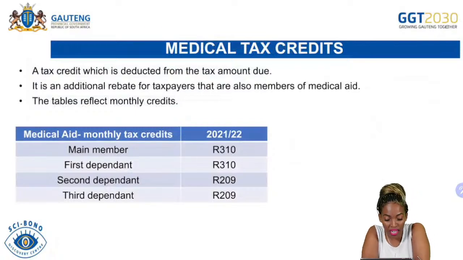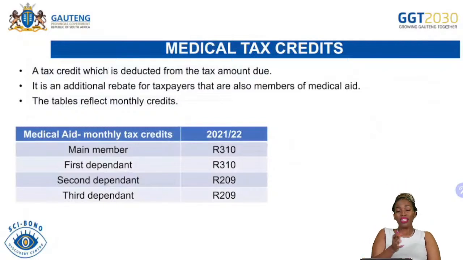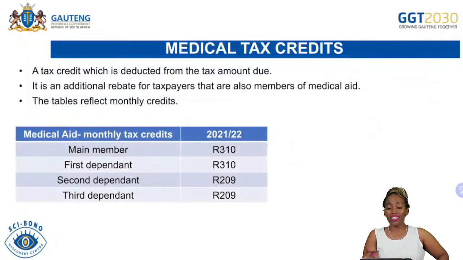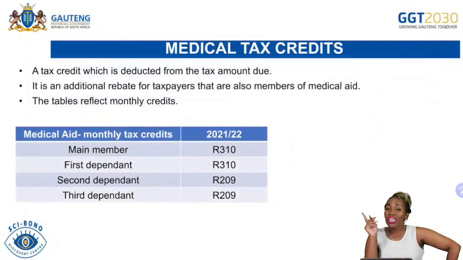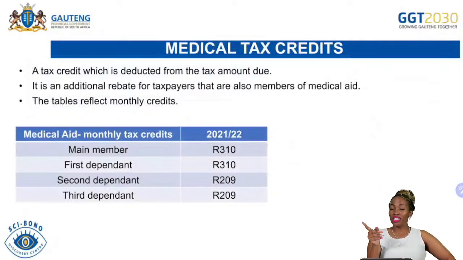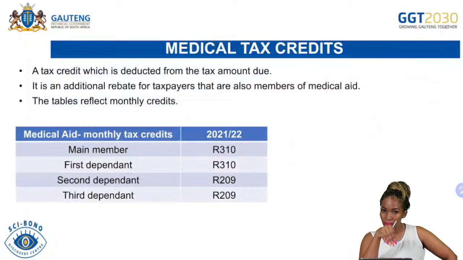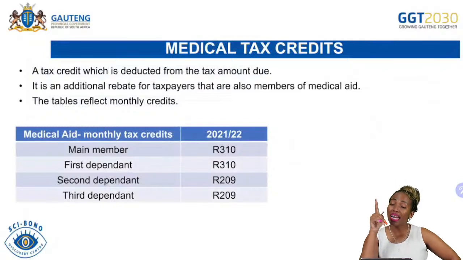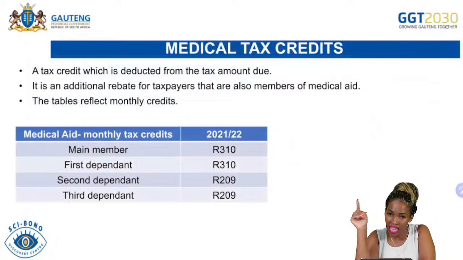The medical tax credits. It is a tax credit which is deducted from the tax amount due. The way that I like to explain this one, a medical tax credit is like a rebate. Remember what a rebate is? It is a discount. A rebate is a discount that's given to all taxpayers. The medical tax credit is also a special discount, more like a rebate, but it is only given to taxpayers that are members of the medical aid.